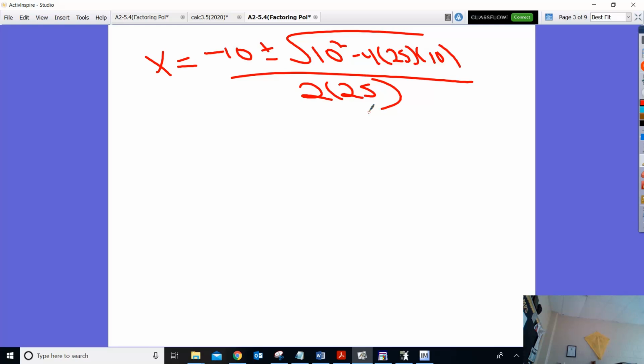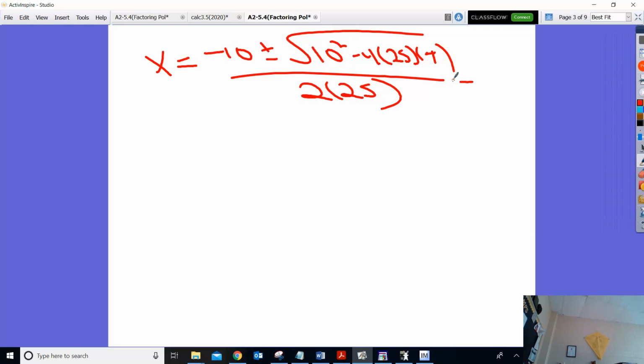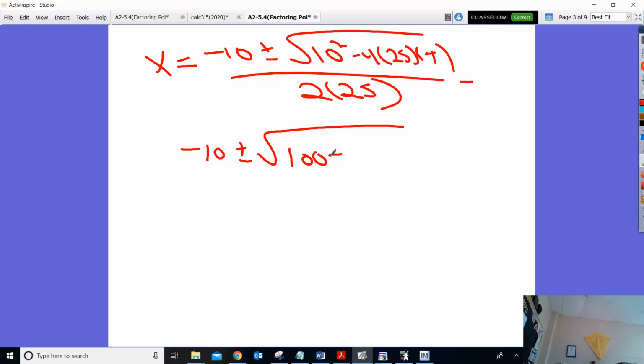The 10 is a 4, thank you. I didn't have the numbers in front of me. So 4 times 25 times 4, that's 400, isn't it? You have negative 10 plus or minus the root of 100 minus 400, over 50. Is that going to be real?